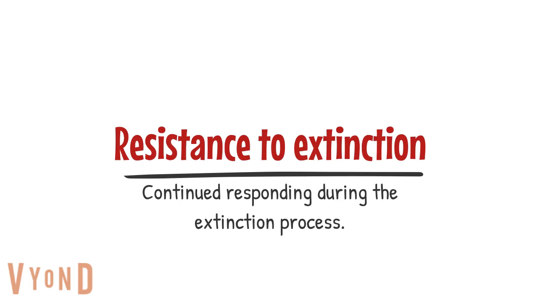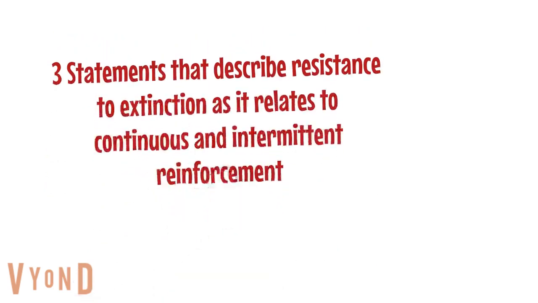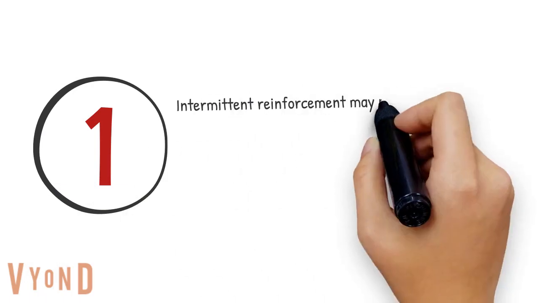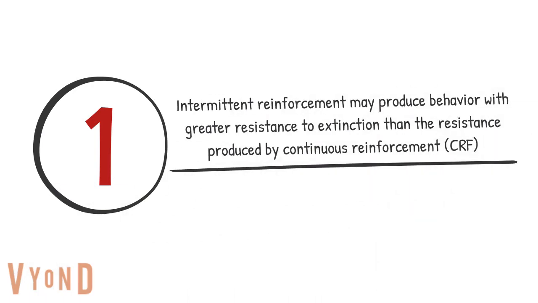And behavior that continues to occur during extinction is said to have better resistance to extinction than behavior that diminishes more quickly. There are 3 tentative statements describing resistance to extinction as it relates to continuous and intermittent reinforcement. The first statement is that intermittent reinforcement may produce behavior with greater resistance to extinction than the resistance produced by continuous reinforcement, or CRF.